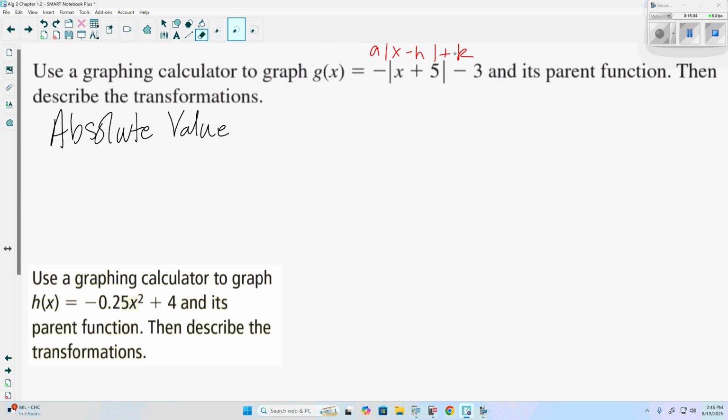Do we have a value for k? Yes, so that's telling us it is moving up or down. Where are we moving? 3 units down, down 3. Do we have a value for h? Yes, so we have a movement left or right. How far are we moving? Left 5, yes.